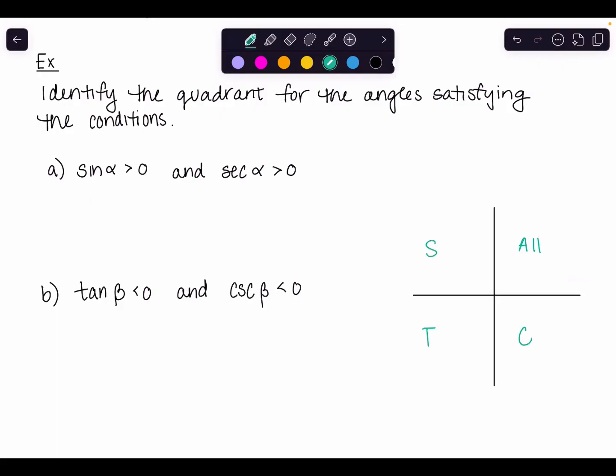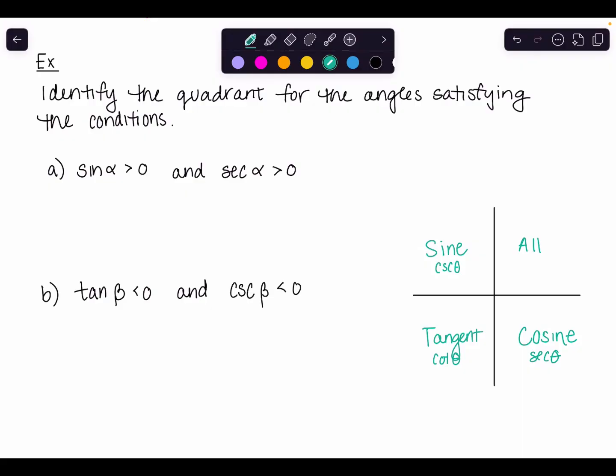So all trig functions are positive in quadrant 1, just the sine function in quadrant 2, just the tangent function in quadrant 3, and just the cosine function in quadrant 4, which again tells you about the flip. Cosecant of an angle is positive here, cotangent of an angle, and then also secant of an angle is positive.